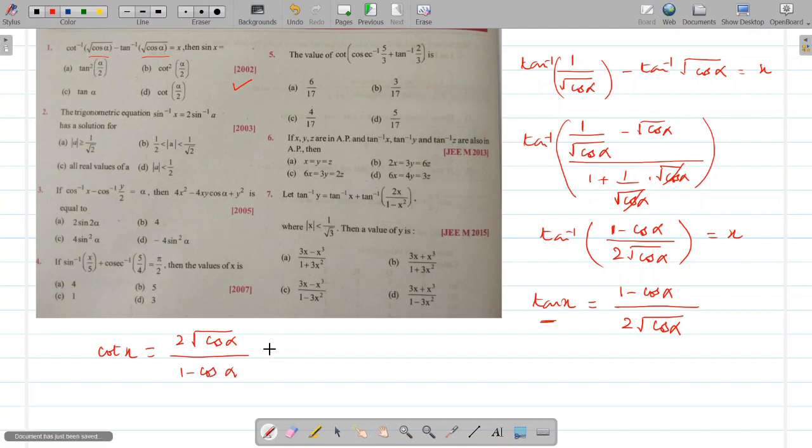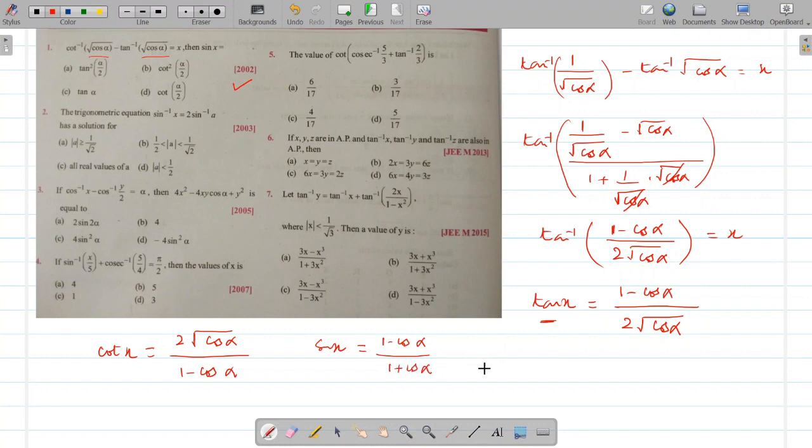We can apply componendo dividendo, otherwise you can simply simplify it. So we can get sin x's value. Here cot x's value is given, that is cos x upon sin x, and from there the value of sin x plus cos x is also given. If you simplify it, you will get sin x is equals to 1 minus cos alpha upon 1 plus cos alpha.